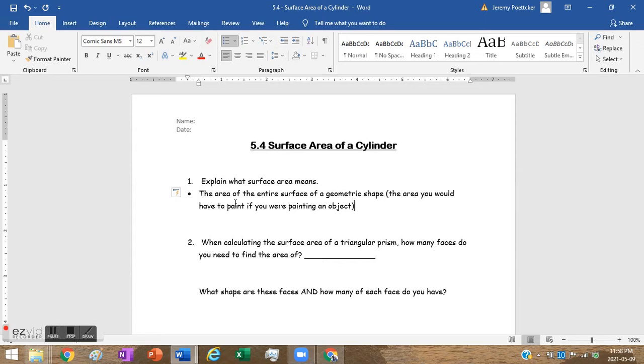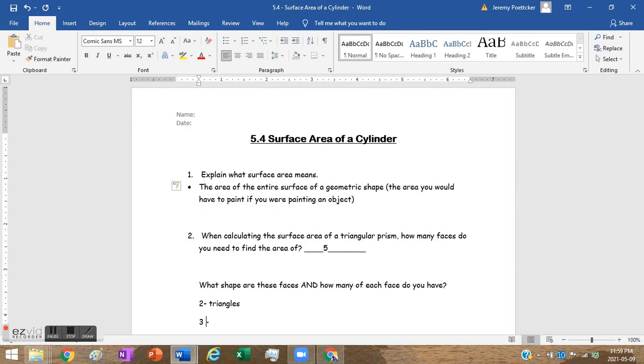So when you're calculating the surface area of a triangular prism, how many faces? Well, we've got 2 triangles and then 3 rectangles, so a total of 5, right? 2 triangles and 3 rectangles, which may or may not be the same size.